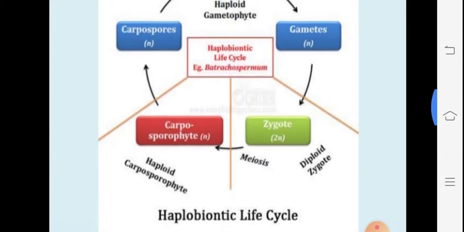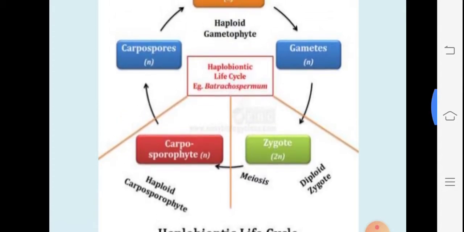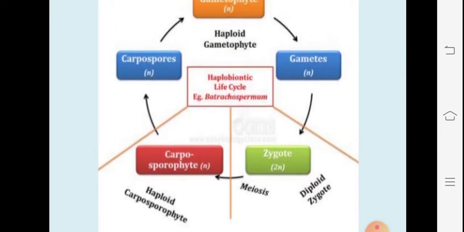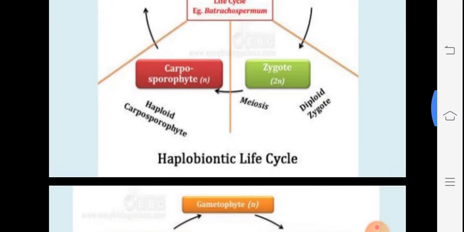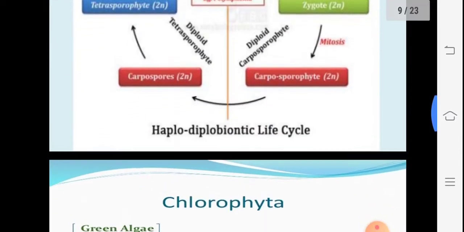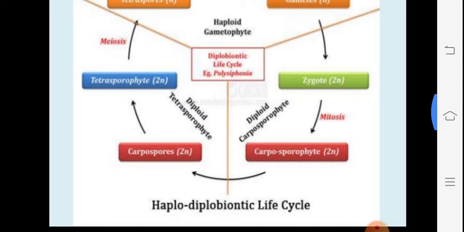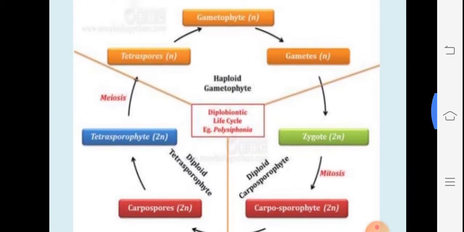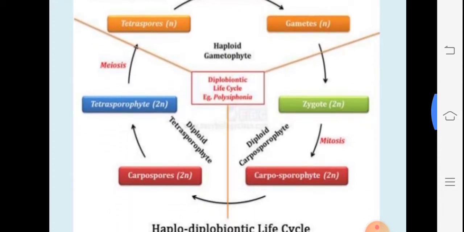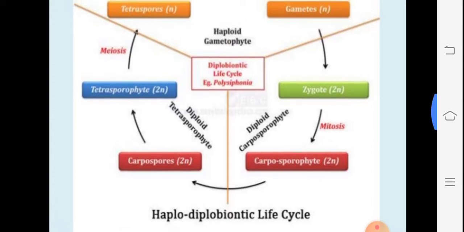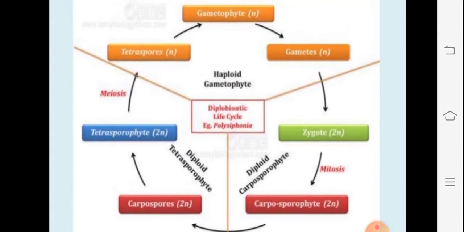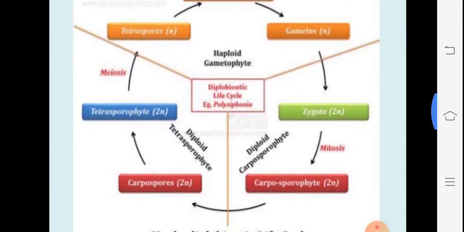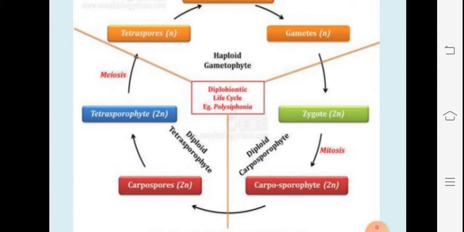Bi means two, so two haploid stages, carpospores and gametes, are haploid, so it shows the haploid gametophytic stage. And the last one is haplodiplobiontic. You remember these words: haplontic, diplontic, haplobiontic, haplodiplontic, and the last one, haplodiplobiontic. The gametophyte is haploid, it gives haploid gametes, it develops the diploid zygote, mitotic division takes place, and it develops the carposporophyte.